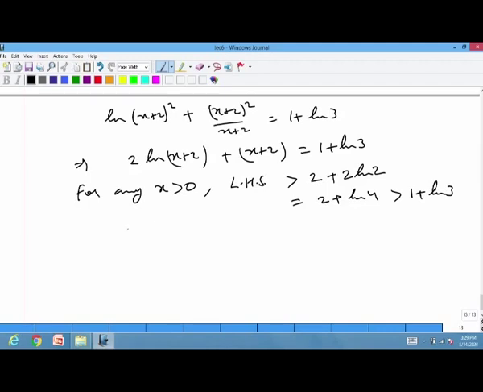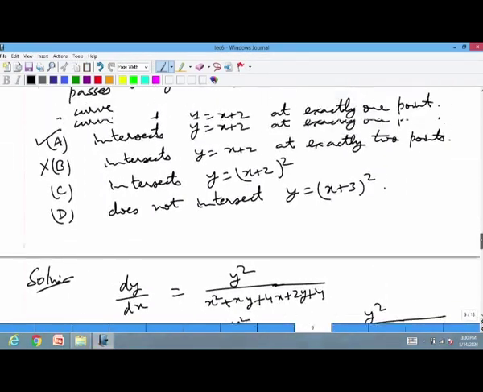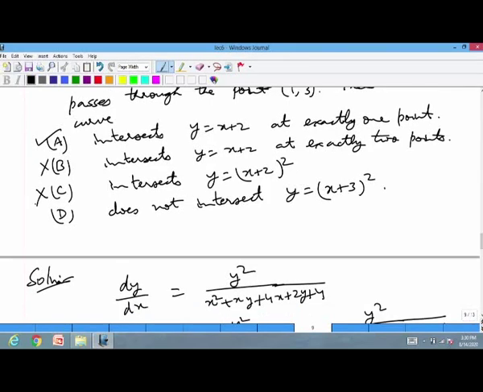Therefore, LHS is not equal to RHS for every x greater than 0. So the curve does not intersect y = (x+2)^2. So option C is wrong.